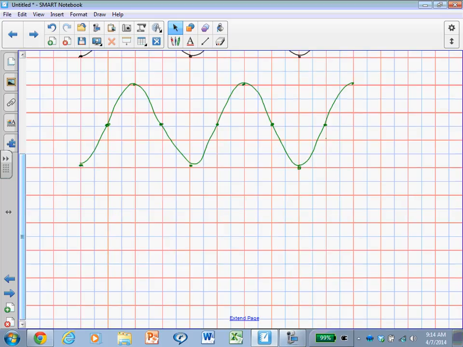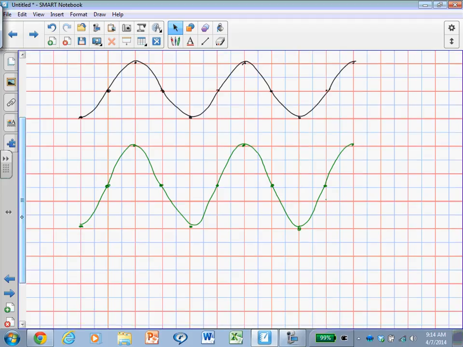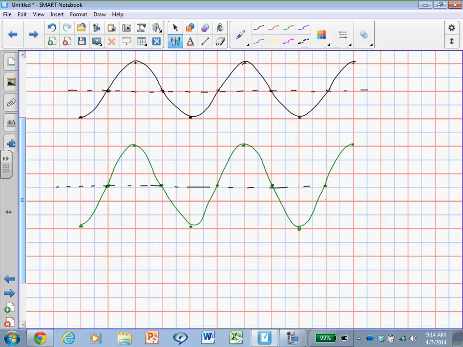Okay. So we want to add these two together. But to do that, you have to know your midline. So here's one midline. That one's easy. And then this one's not too hard, because I have the dots right on it. We can see the midline there. And so if we look at this point here, what's our value?